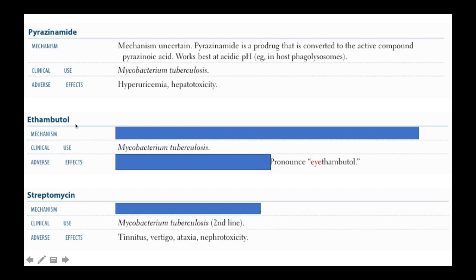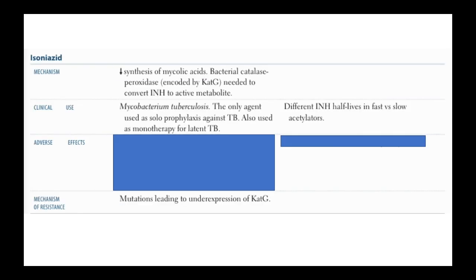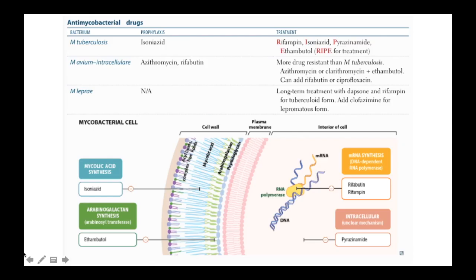And then we have ethambutol, whose mechanism, can anyone tell me? Block something, yeah. So this also works at the cell wall by blocking arabinosyltransferase, which, going back to this picture here, will decrease the arabinogalactan within the cell wall.